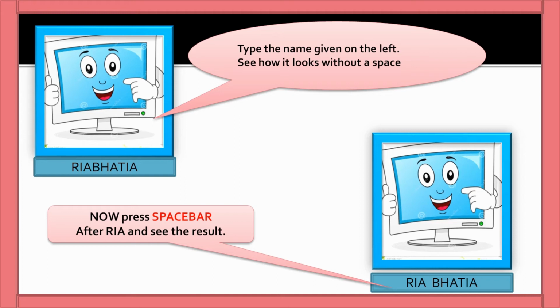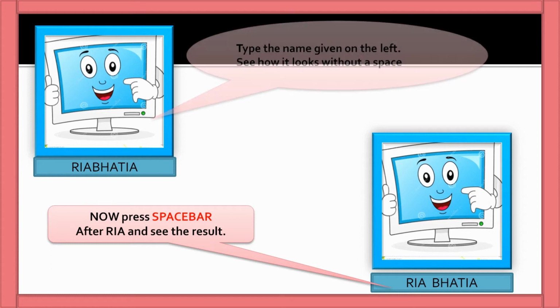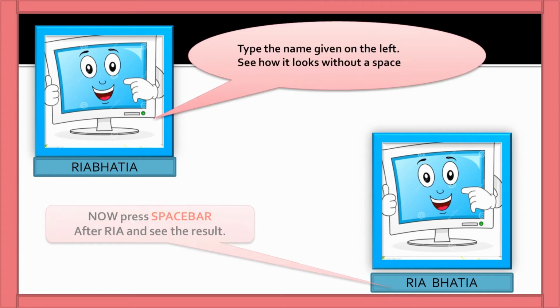Now understand the concept of the spacebar key with the help of an example. On the first computer, I typed the name Riya Bhatia without giving any space, or we can say without pressing the spacebar key. So I typed RIYABHATIA. But on the second computer, I typed the name Riya Bhatia with the help of the spacebar key.